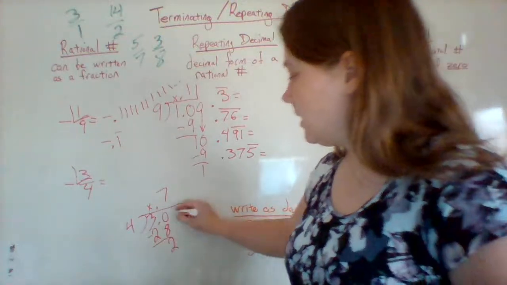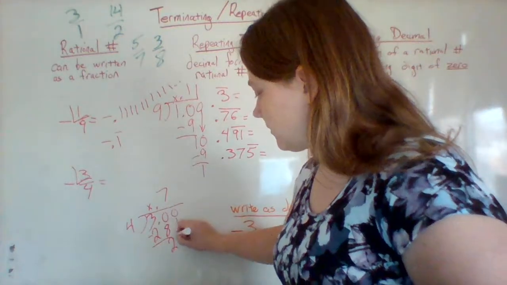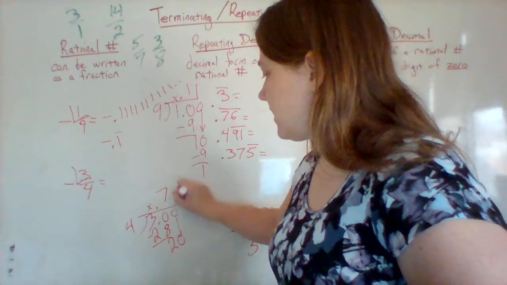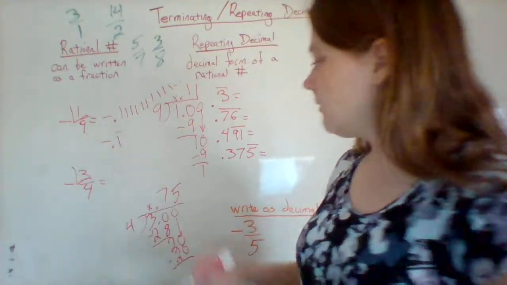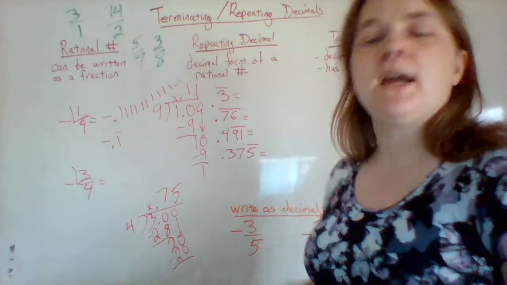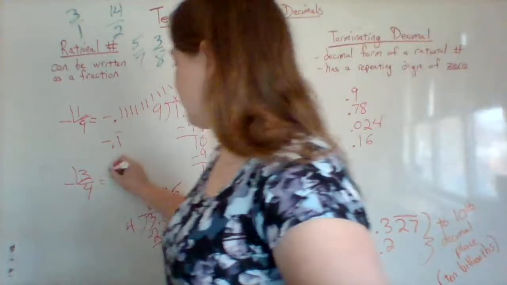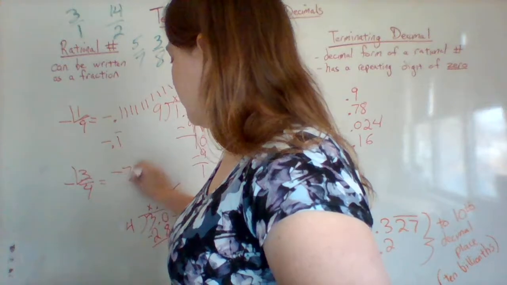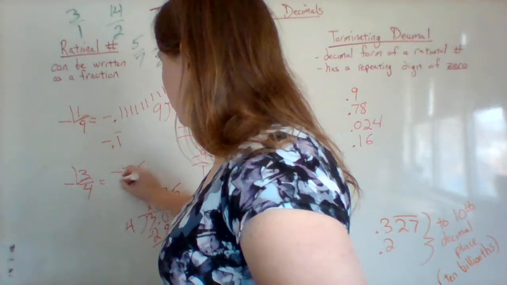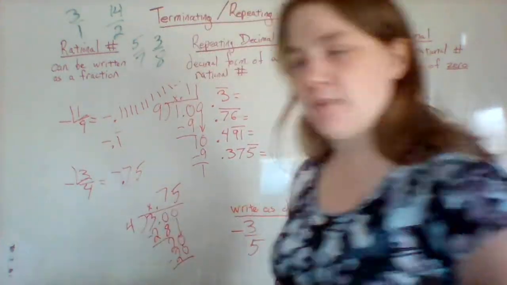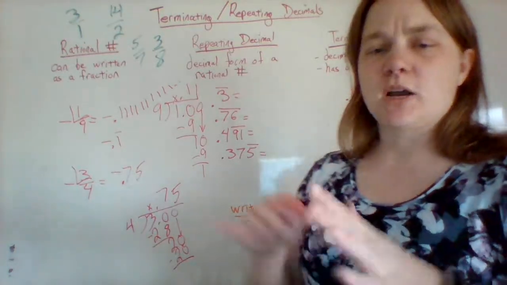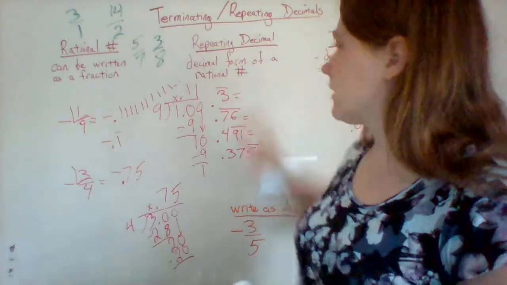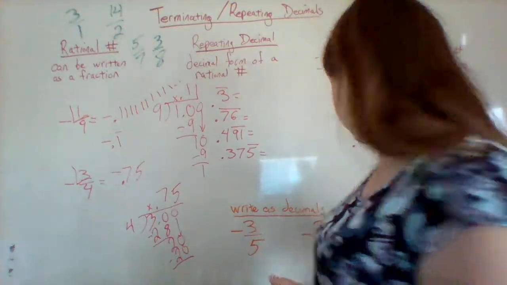We need to bring down an invisible 0. 4 goes into 20 5 times. And we get 0.75. And there doesn't look like there's anything repeating. Negative 0.75 is going to be our answer. We're going to talk about that in a minute, but first we're going to focus on repeating decimals.